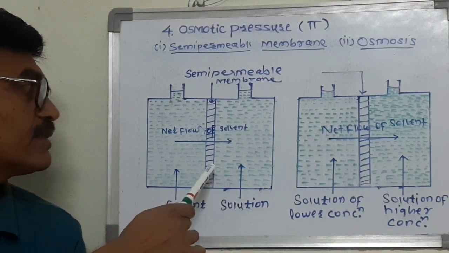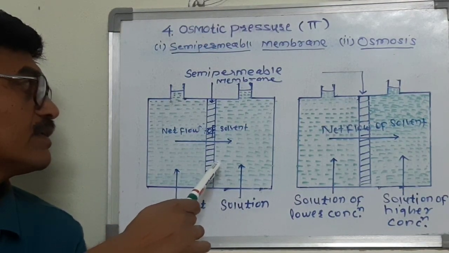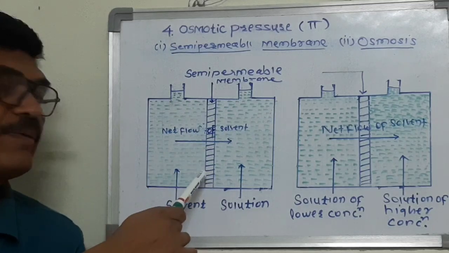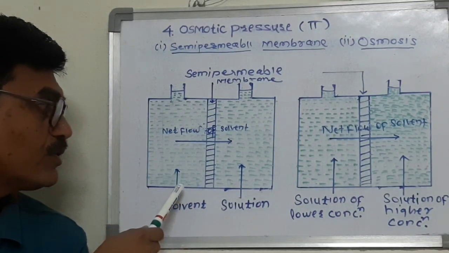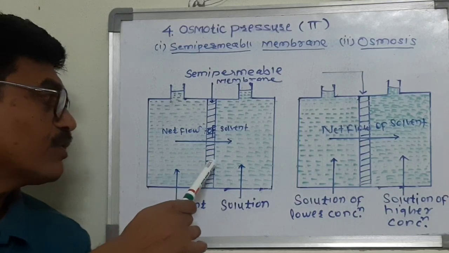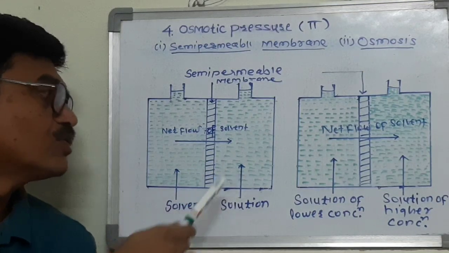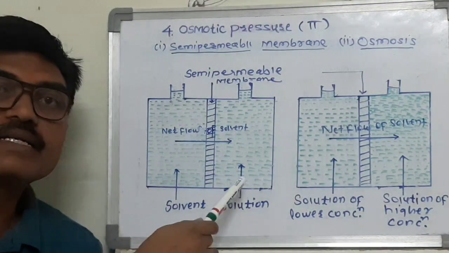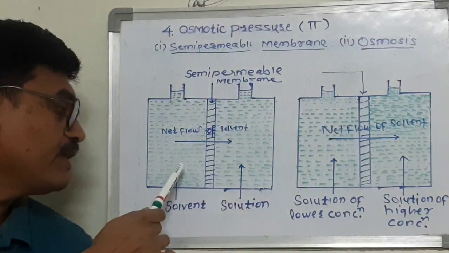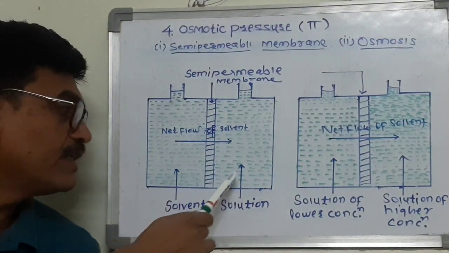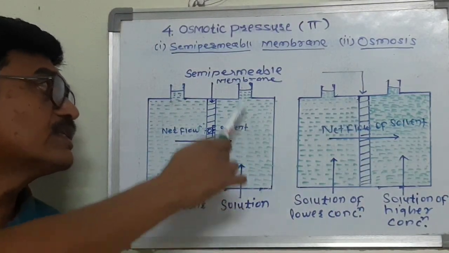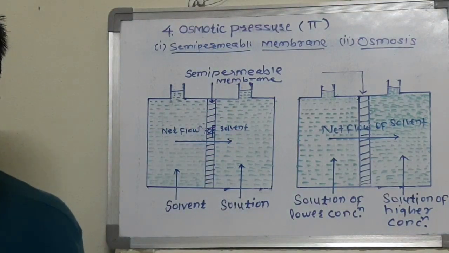The two compartments are separated by the semi-permeable membrane. Solvent molecules pass through the pores of this membrane into the solution. As a result, the level of liquid on the solvent side drops while the level of liquid on the solution side rises.